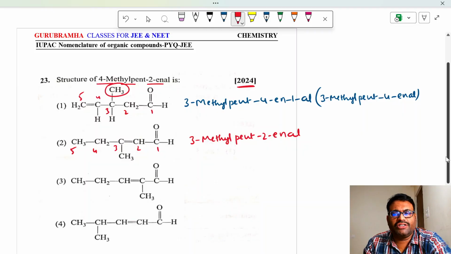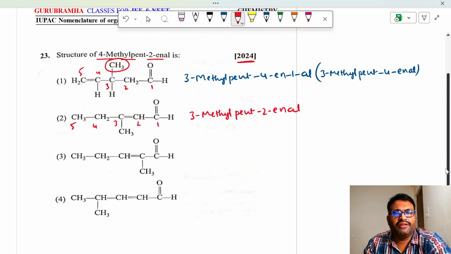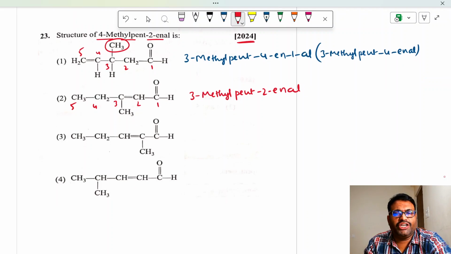What is the question asked? 4 methyl pent 2 enal. Again, numbering it 1, 2, 3, 4, 5. At the second carbon atom you have a methyl group, right? So 2 methyl pent 2 enal.